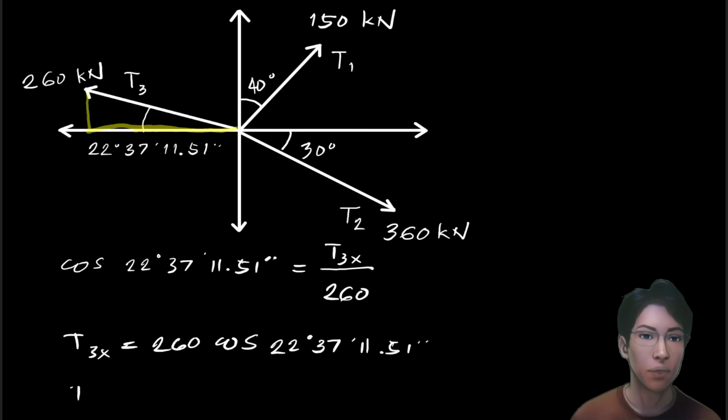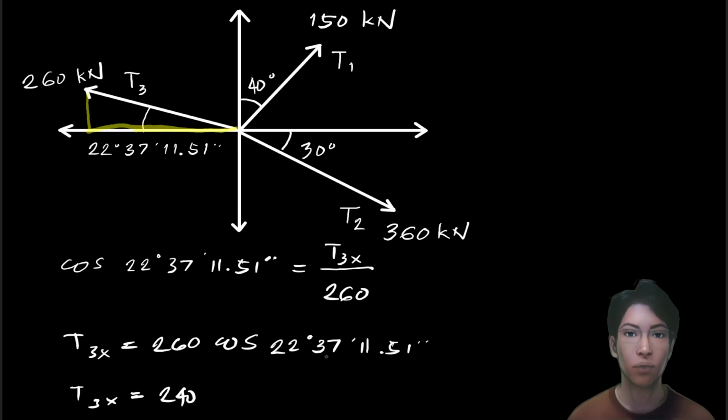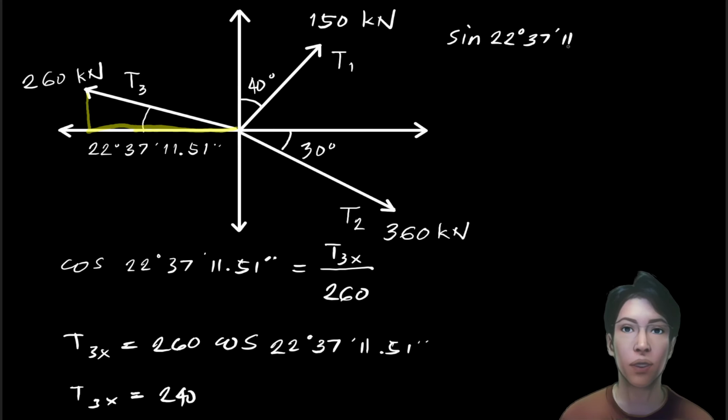And t sub 3x is equivalent to 240. For the y component, we have sine of this angle, 22 degrees, 37 minutes, 11.51 seconds.